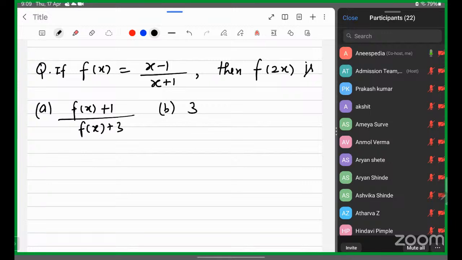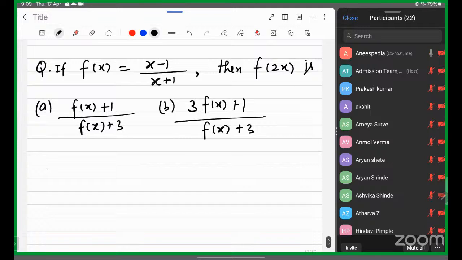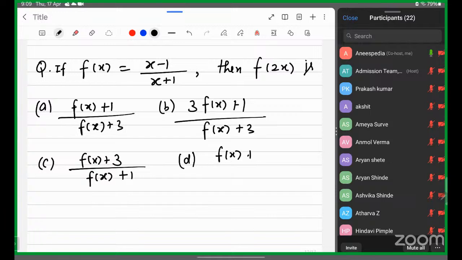Option B is 3 times f of x plus 1 upon f of x plus 3. Option C is f of x plus 3 over f of x plus 1. And option D is f of x plus 3 divided by 3 times f of x plus 1.